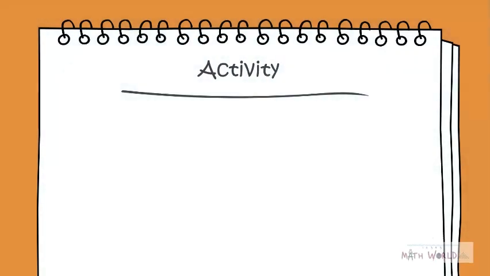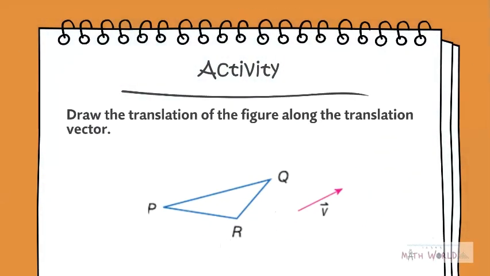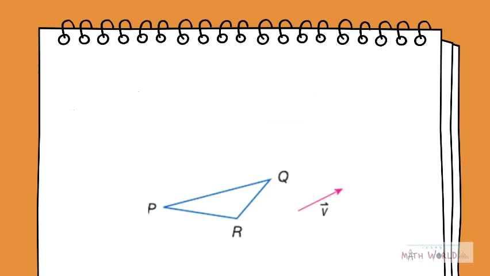Let's take an example. Draw the translation of the figure along the translation vector. So we have a triangle PQR, and we need to use the vector V in the translation. Let's start by the first step.